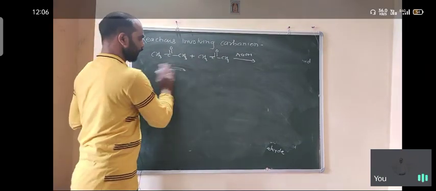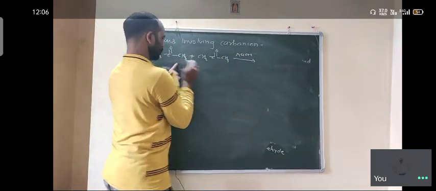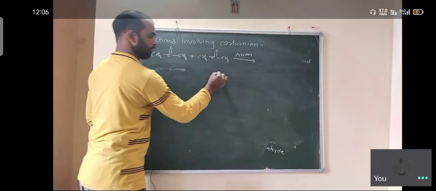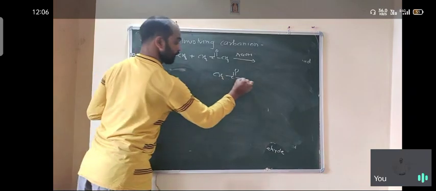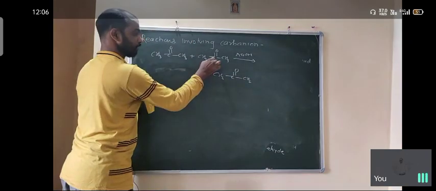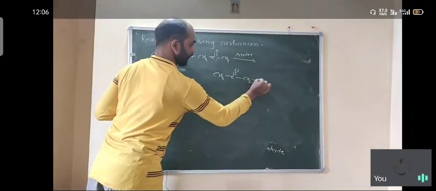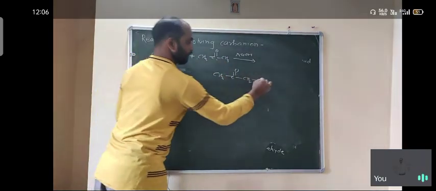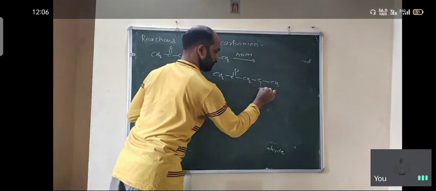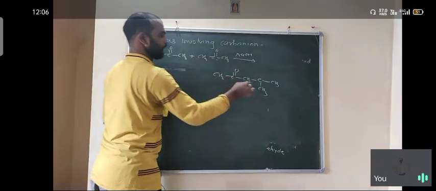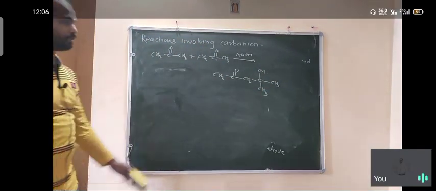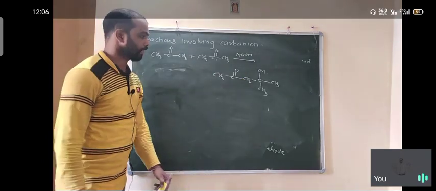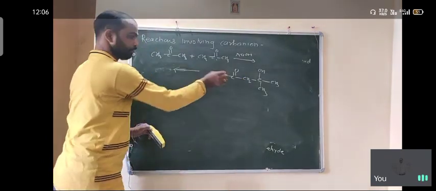So you can directly write the product: start from this side, CH3, C double bond O, this carbon converted into CH2, it will attach with this carbon, which again has two CH3 groups. You write that first, and the carbonyl is converted into OH. So it is the beta hydroxy compound. It is the first step product.